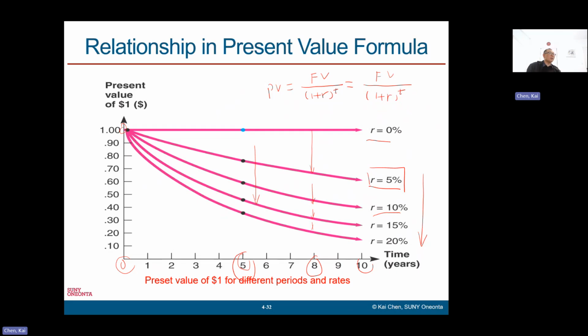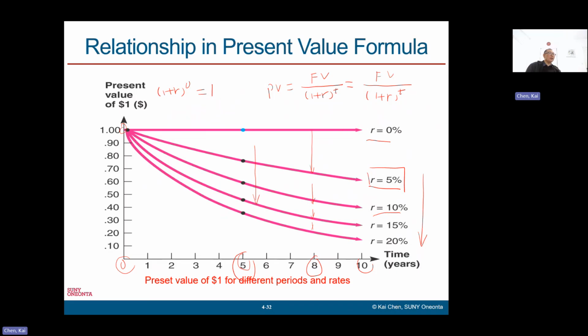Now let's look at this term, (1 + r) raised to the power of t. t is 0, because we are looking at this special case. There is no time to grow, so t is 0. In algebra, we know, right? No matter what the base is, if the power is 0, then this term is always equal to 1. Right? It's always equal to 1.